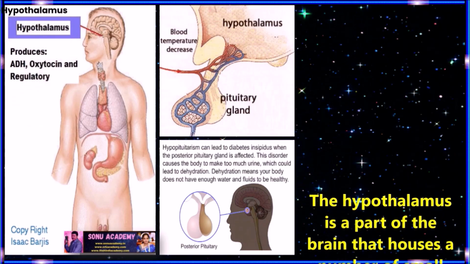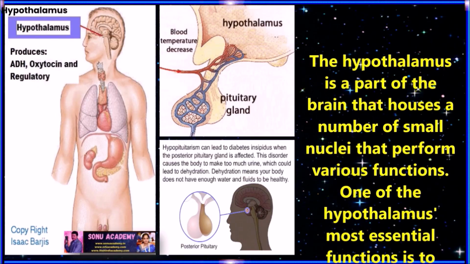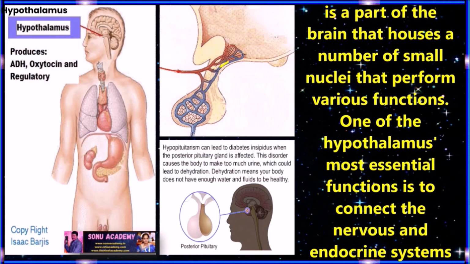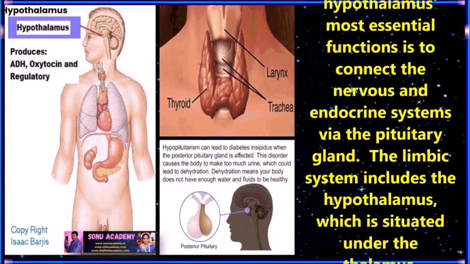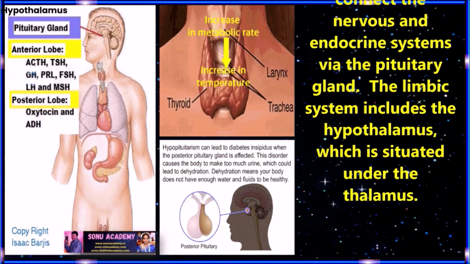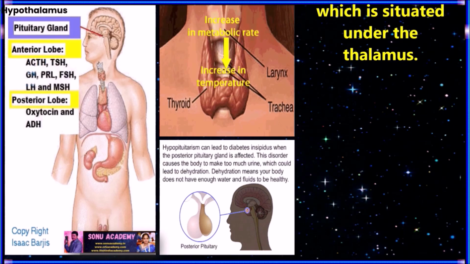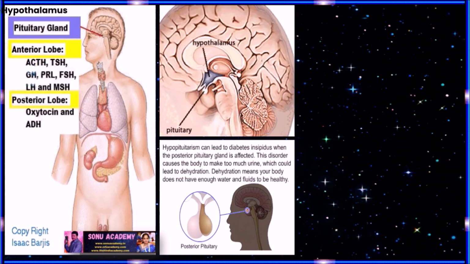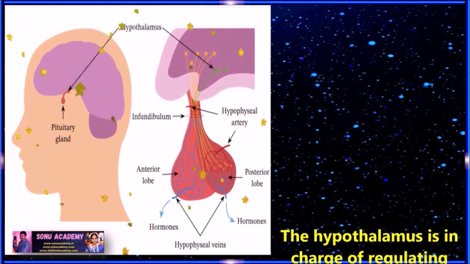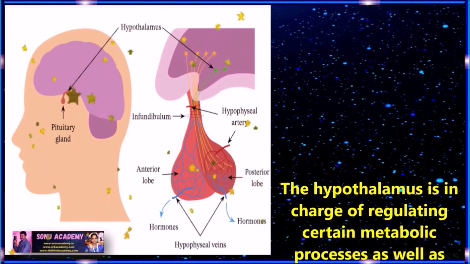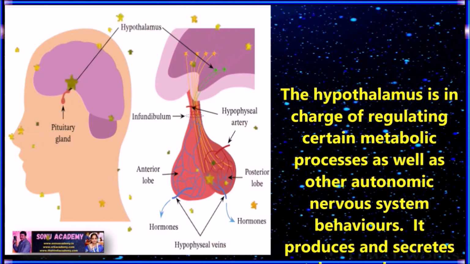Hypothalamus. The hypothalamus is the part of the brain that houses a number of small nuclei that perform various functions. One of the hypothalamus' most essential functions is to connect the nervous and the endocrine systems via the pituitary gland. The limbic system includes the hypothalamus, which is situated under the thalamus. The hypothalamus is in charge of regulating certain metabolic processes as well as other autonomic nervous system behaviors.